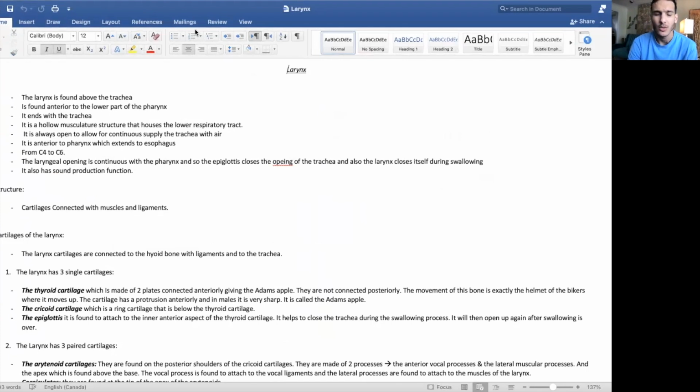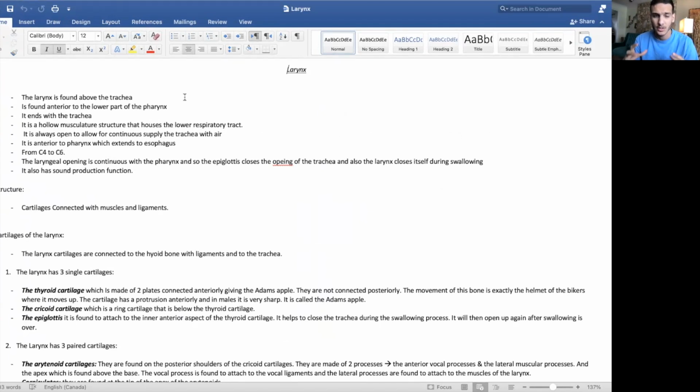Okay, so the larynx. What is the larynx? It's basically the entrance towards the trachea, where the main air passage takes place towards the lungs. Why the larynx is there is because it needs to keep that opening for the air, to maintain a structure to prevent the soft tissues from collapsing.